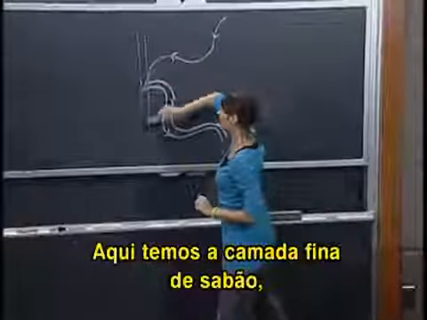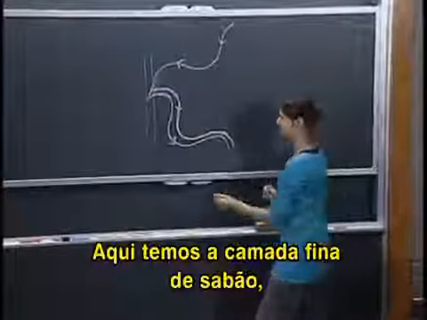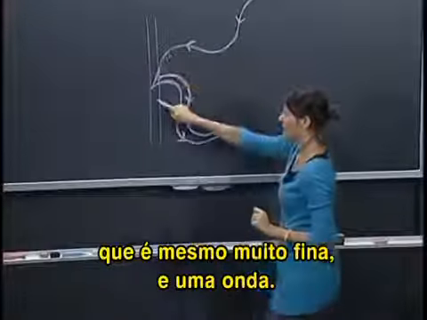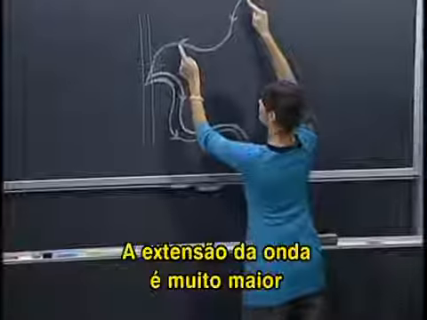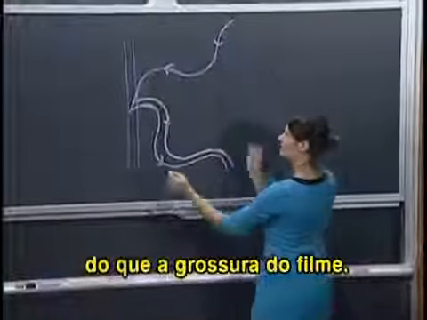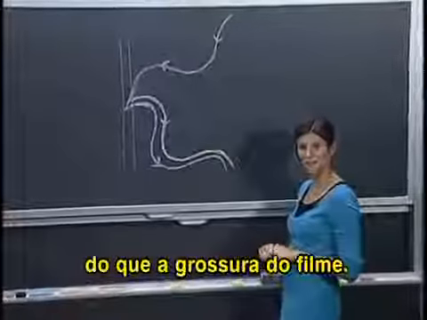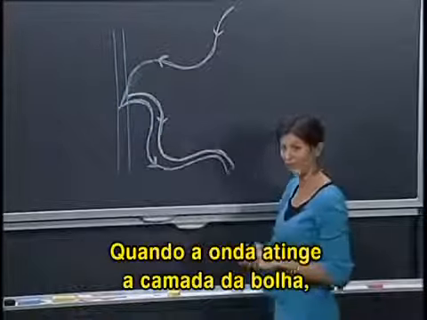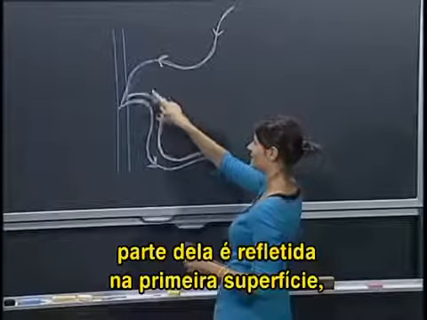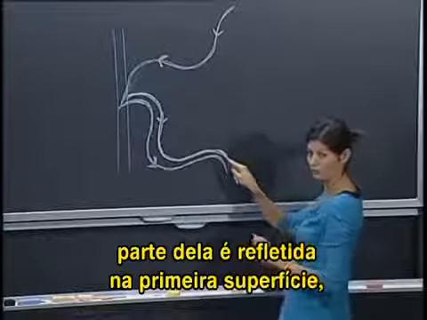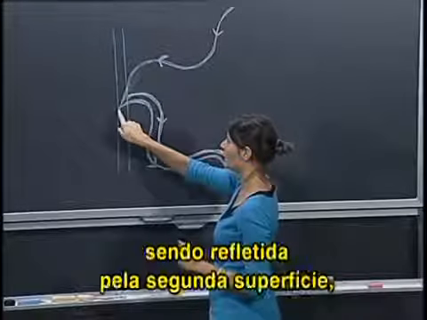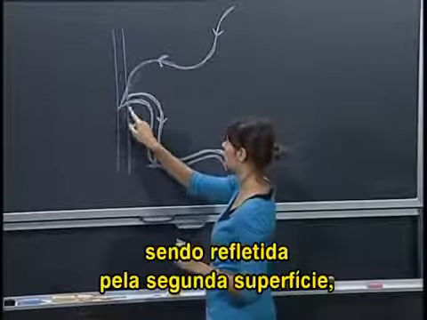So here we have the thin soap film. It is very thin, and there is an incoming wave. The wavelength is much larger than the thickness of the film itself. When the wave is hitting the soap film, part of it is reflected on the first surface, while part of it goes through the water and the soap and gets reflected on the second soapy surface.